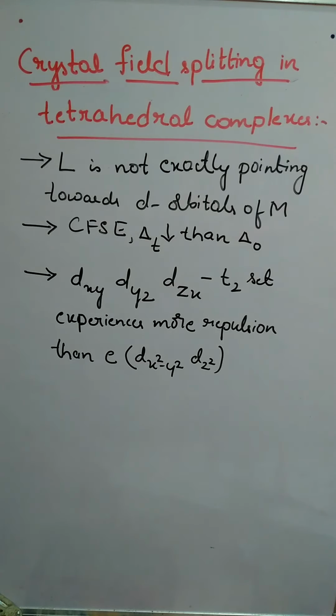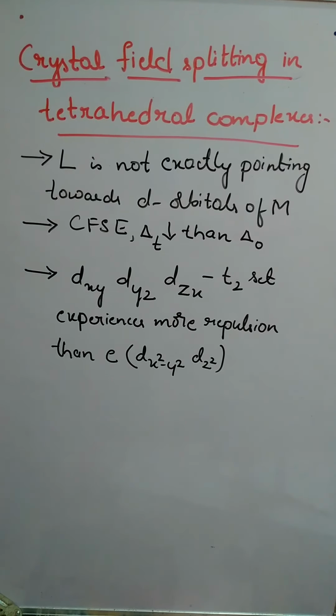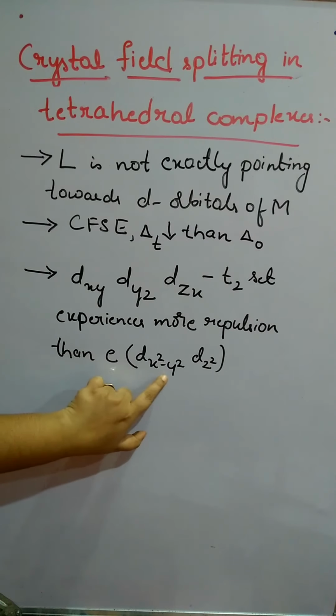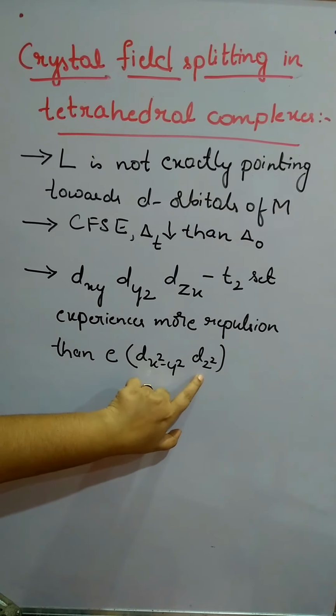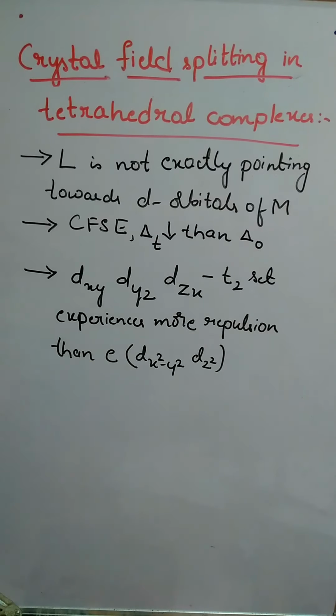So these are the few important things. The 3 d orbitals of the T2 set are close pointing towards the ligands, while the 2 orbitals, dx square minus y square and dz square, are lying in between the ligands.